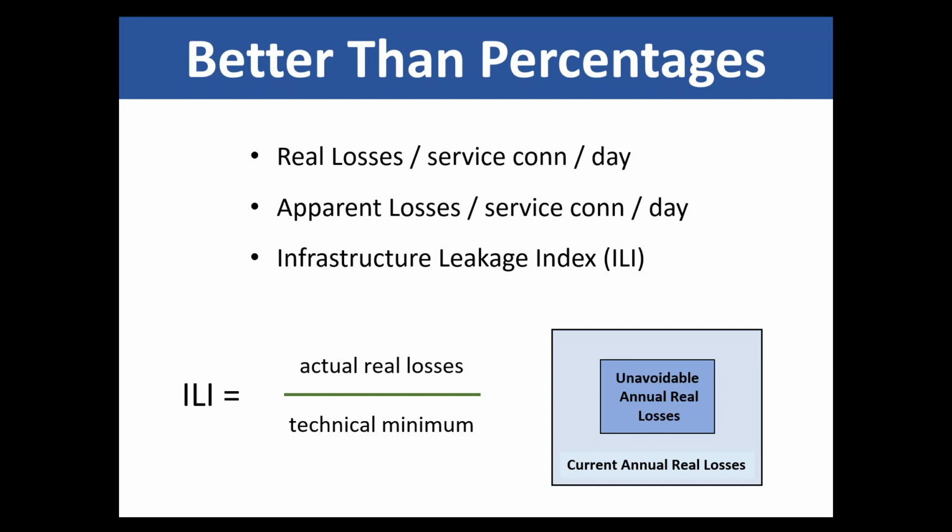Actually, we're here. We're 3 times more than the technical minimum. And that's all that it's telling you. It doesn't mean that you should be at the technical minimum. Economics will dictate where you should be. And over lunch, if anybody is particularly inclined to modeling, we're happy to talk about where this technical minimum calculation comes from. There's a lot of research behind it, so we can entertain that later.